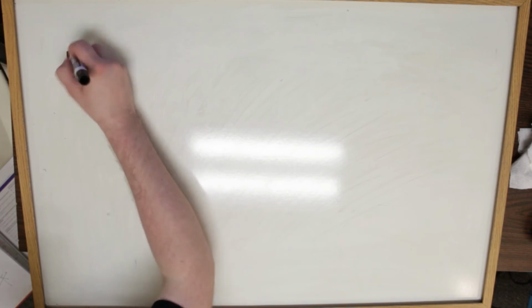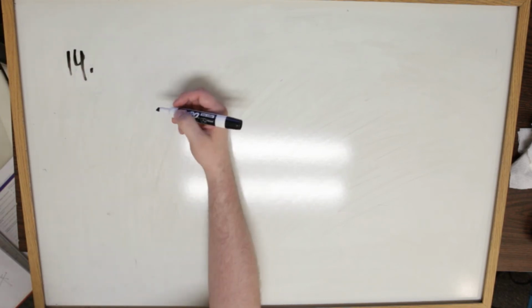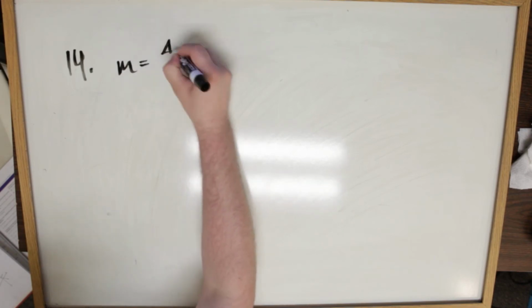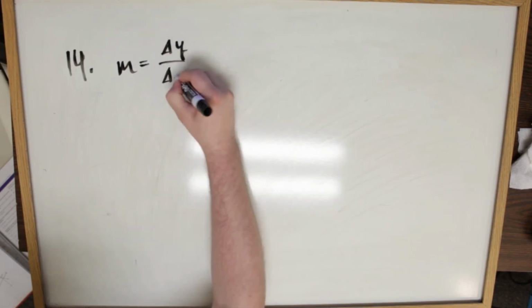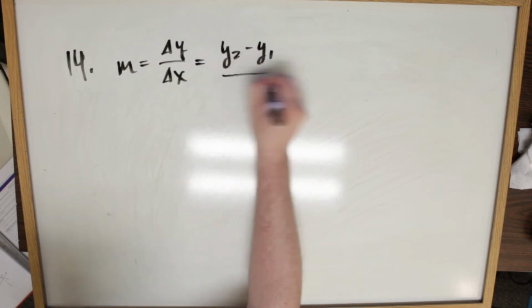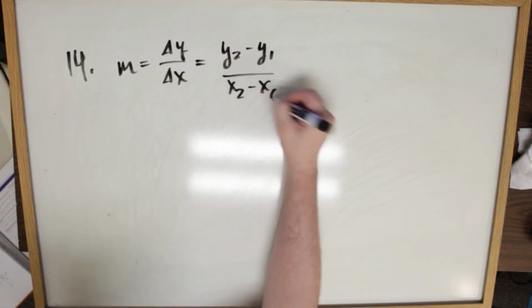Let's go ahead and jump to question 14. This one's going to ask us to find the slope of the line that passes through the given points. All right. So 14. First, let's just remember the equation. So delta y over delta x, which is the same as y2 minus y1 all over x2 minus x1.